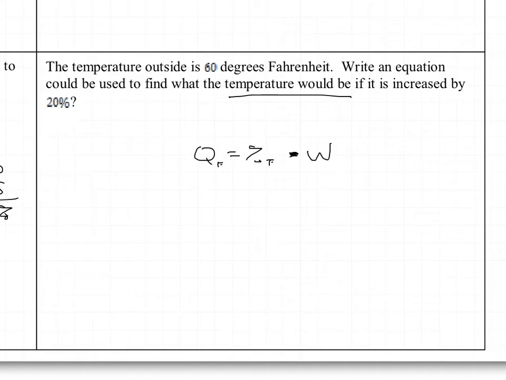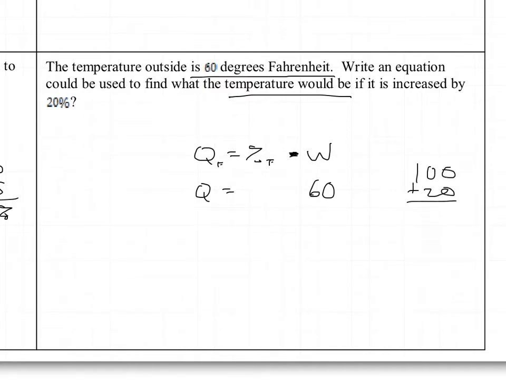The whole is the original. Well, the current temperature is 60 degrees. It's going to increase. So what we don't know is the temperature here. And since it's the final and it's an increase, this is going to be 100 plus 20%, or 120%, which is 1.2 times 60.